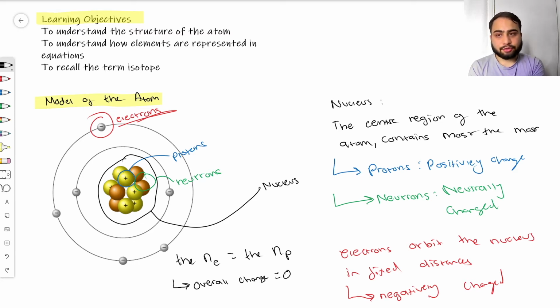The number of electrons, so these are the negative ones, are equal to the number of protons, which are the positive ones. So if we say we have 2 protons, so +2, and then we have 2 electrons, -2, that just gives us an overall charge of 0. So the atom is overall neutrally charged.